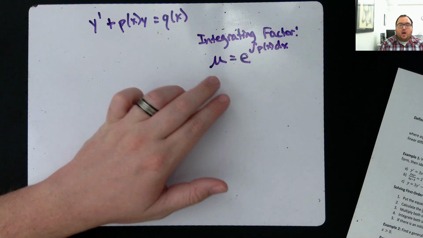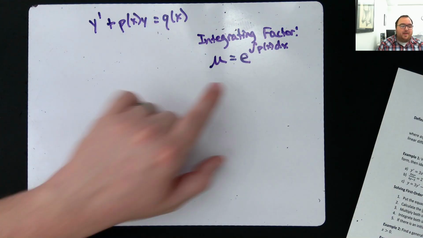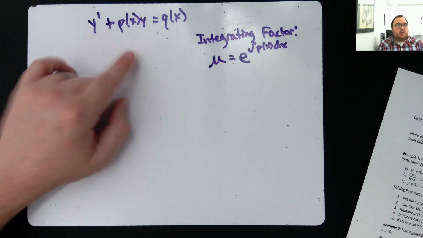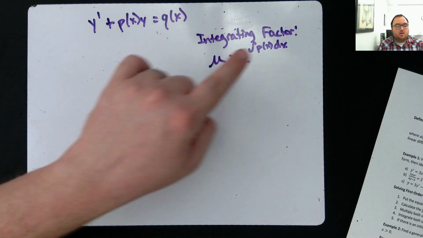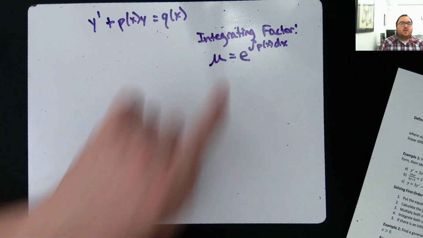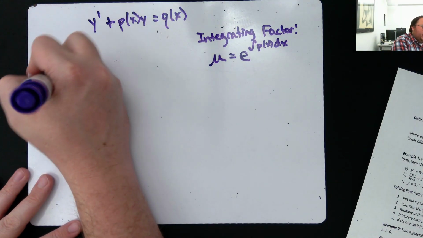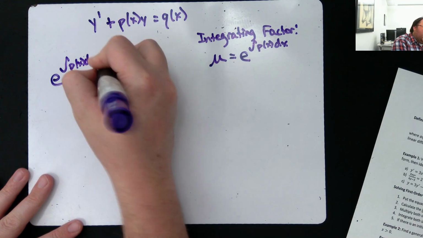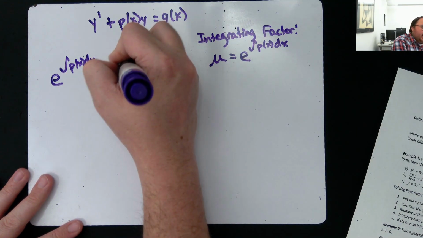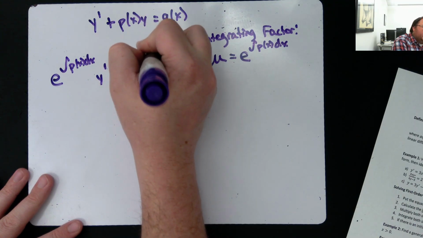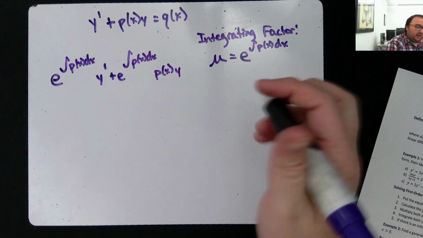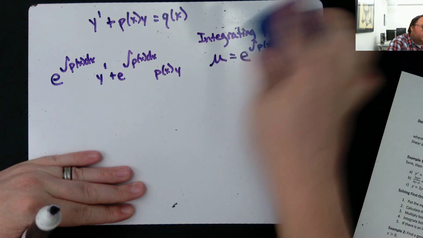You're probably thinking, why, when it doesn't look very hard, would I make it look even worse, right? This is going to save our lives. Because what I'm going to do is multiply everything on here by that mu, okay? So this is going to end up being e to the integral p of x dx times y prime plus e to the integral p of x dx p of x y equals, I didn't leave myself enough room at all.